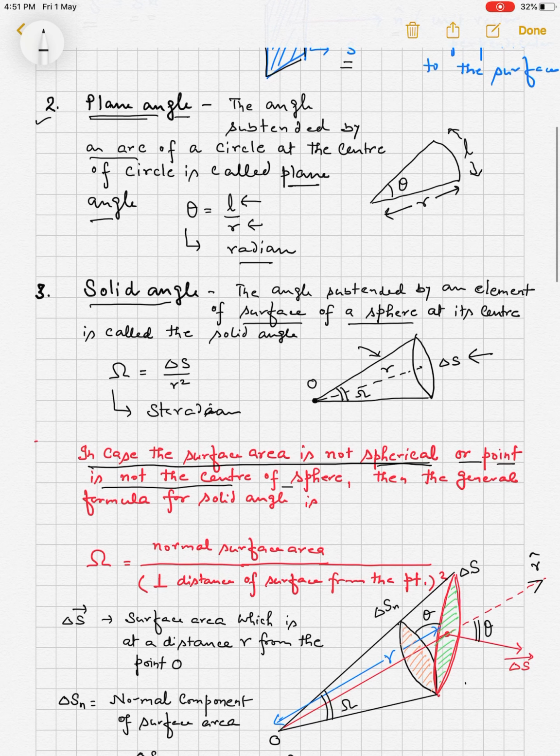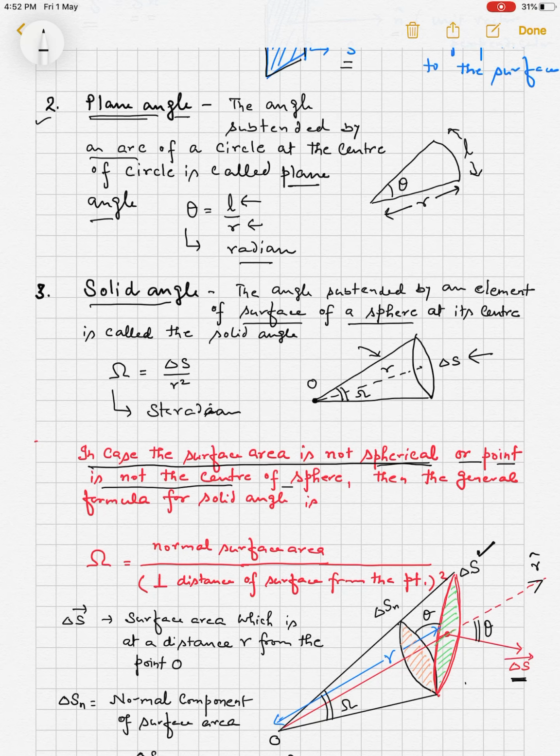So here is the case, this delta S is not perpendicular, and r is the distance from the point O. Here delta S is the area vector of this surface.